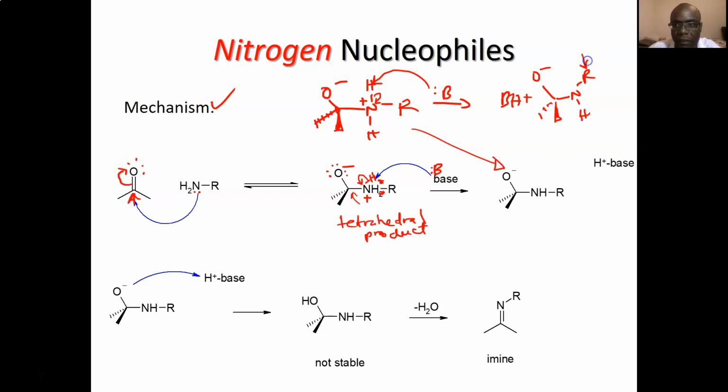This could be a hydrogen or a carbon, doesn't matter. So this BH is what's written on here as base plus the H plus. So once you get this tetrahedral product with only a negative charge, you can now bring back this BH as a source of hydrogen. Okay, it's called a conjugate acid.